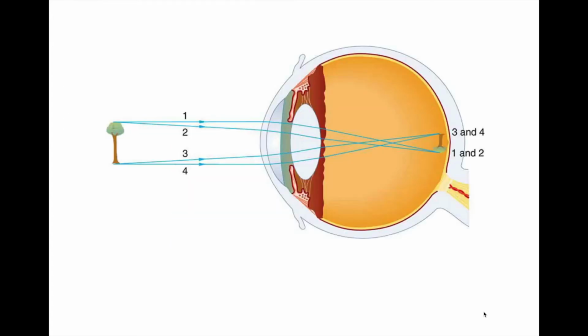So let's take a look at how this light is collected. In this diagram, we have an image, and this is a tree, and it's in the environment. Light bounces off of this object, and these rays of light reflect off, and they go off into the environment.